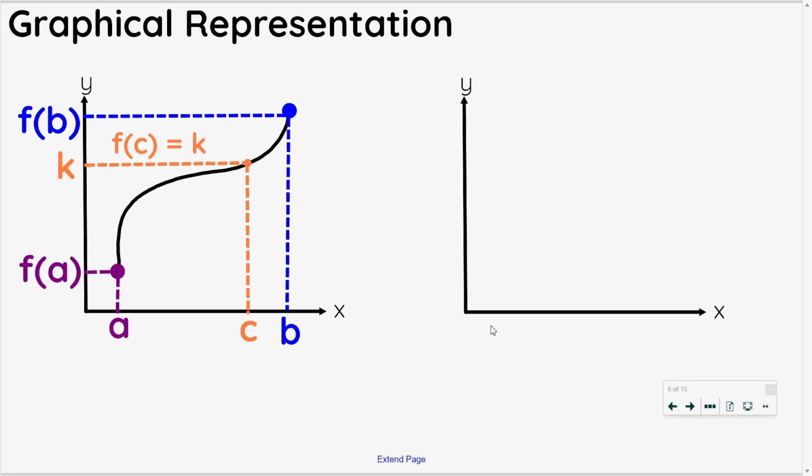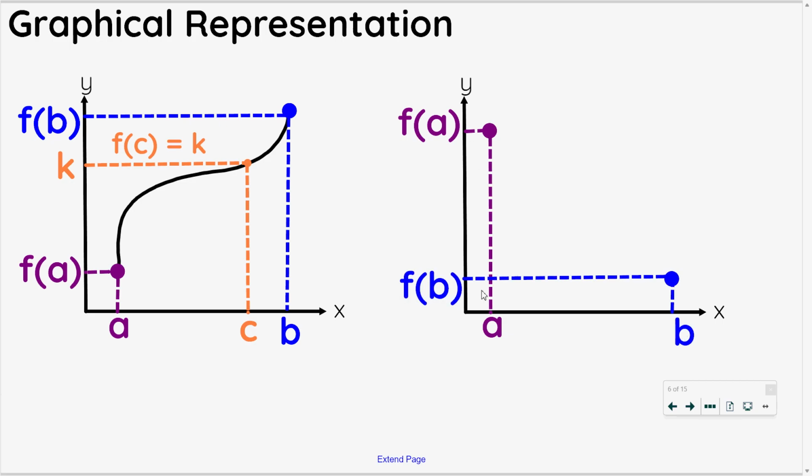Now let's look at a decreasing function. So I've got some value a for x and the corresponding y value f(a). I've got an x value b and the corresponding y value f(b). So you can see reading this graph from left to right, if I were to connect the dots, it would be a decreasing function. Let's go through my three requirements. Okay, number one, it's continuous. Yes, there are no breaks. Number two, the endpoints are not equal.